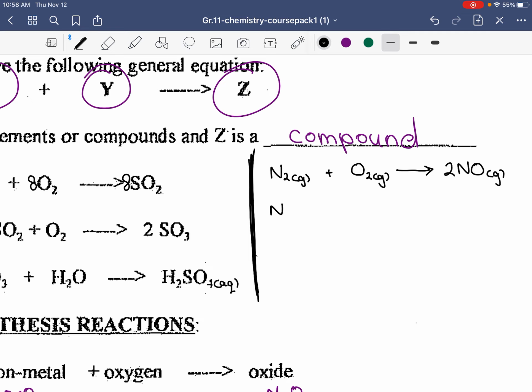This nitrous oxide, what they call it, will react with more oxygen gas, but only in the presence of a catalyst known as platinum, where you get nitrogen dioxide. Okay? Again, a synthesis reaction that I want you to sort of memorize.